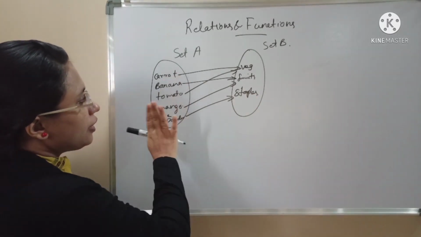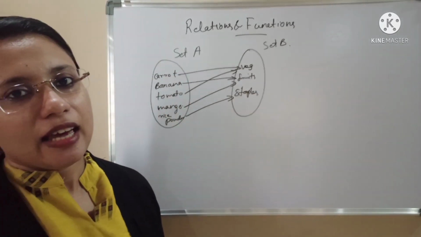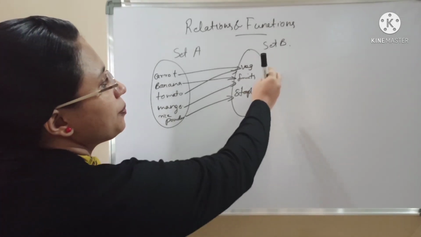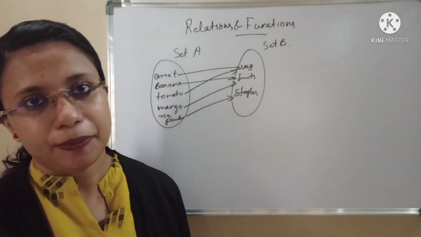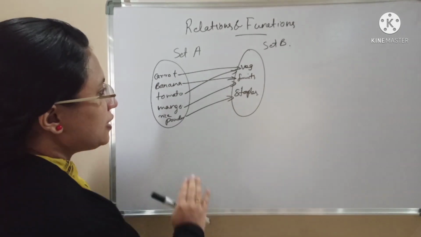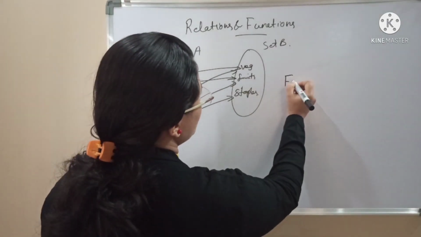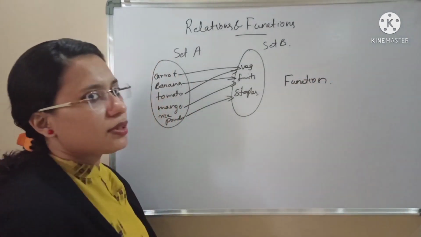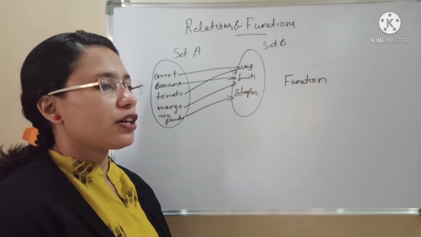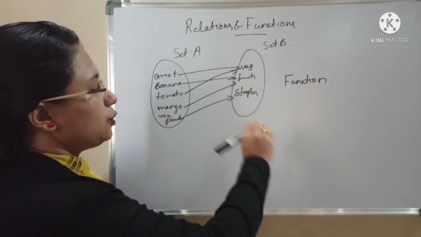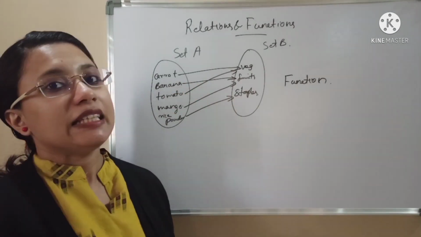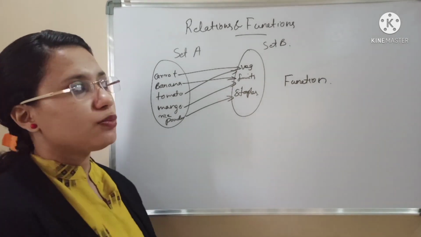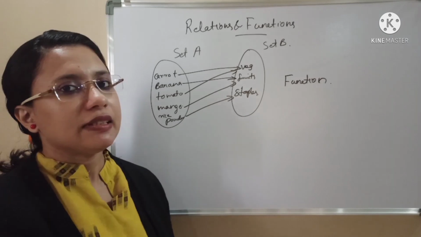So none of the elements in set A has more than one relation with elements in set B, right? So this is called a function. I hope it's clear what a function is.